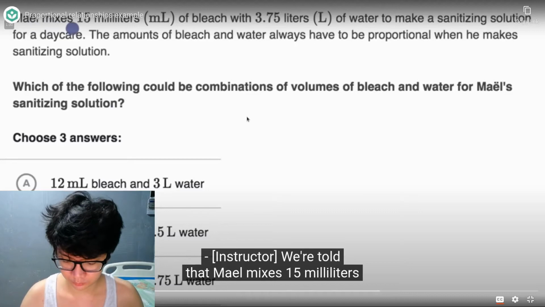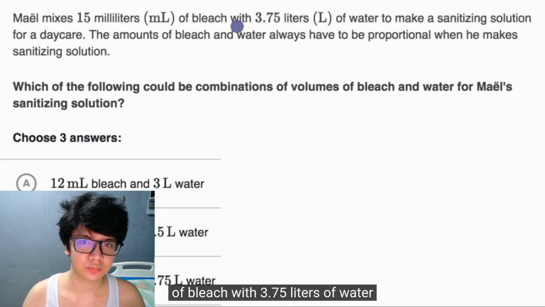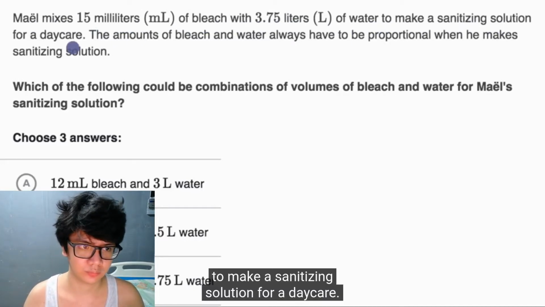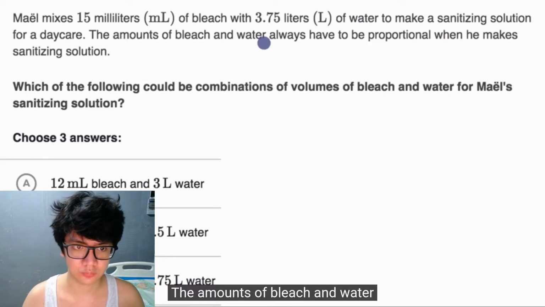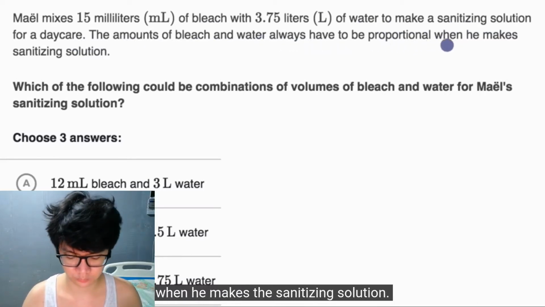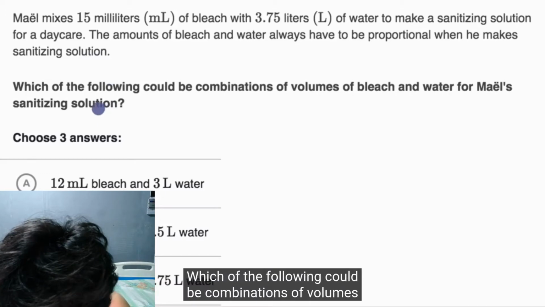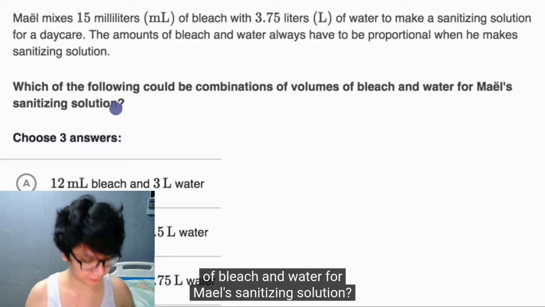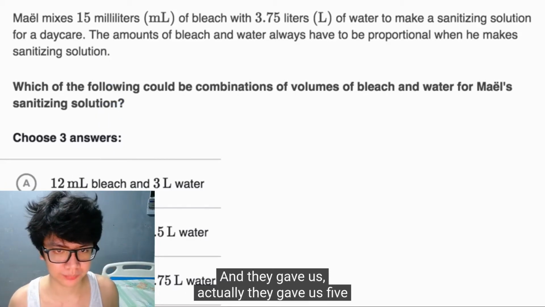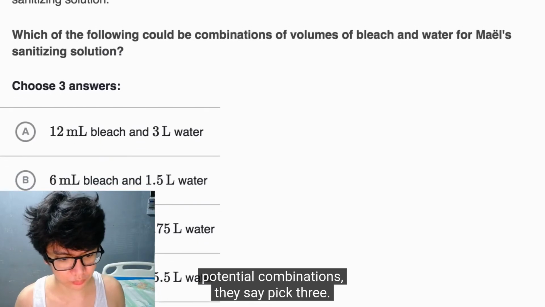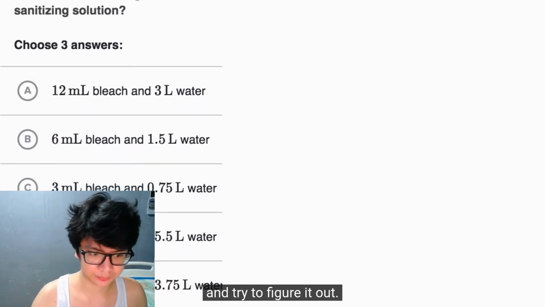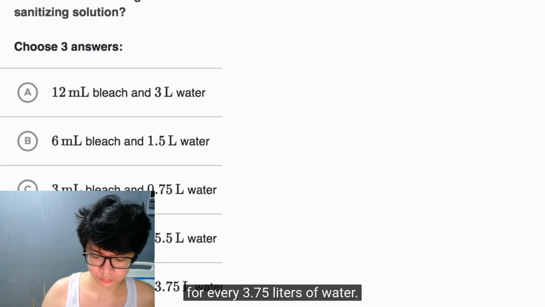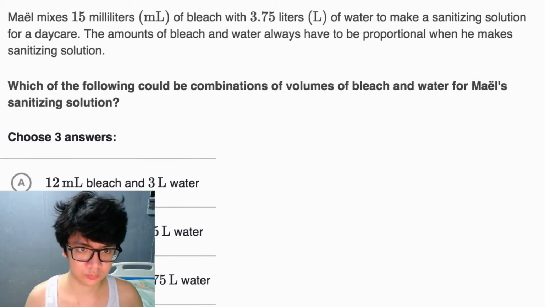We're told that Mael mixes 15 milliliters of bleach with 3.75 liters of water to make a sanitizing solution for daycare. The amounts of bleach and water always have to be proportional. Which of the following could be combinations of volumes of bleach and water? They give us 5 potential combinations. They say pick 3. Remember, he mixes 15 milliliters of bleach for every 3.75 liters of water.